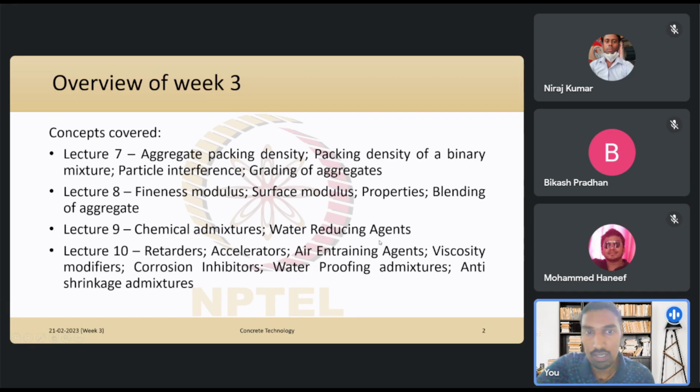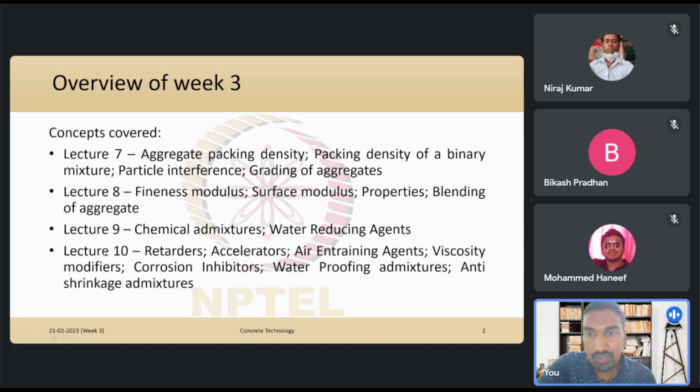This water reducing agent helps us reduce the amount of water that is required while maintaining the same workability, or we can also increase the workability for a lower amount of water, right? And then there are different types we saw within those water reducing agents, such as the plasticizers, superplasticizers, and then the hyperplasticizers, with varying degrees of effectiveness.